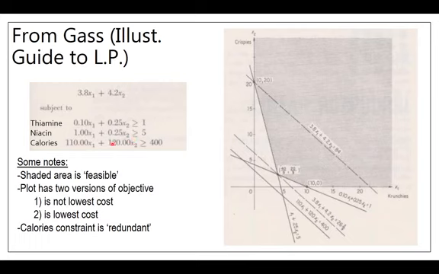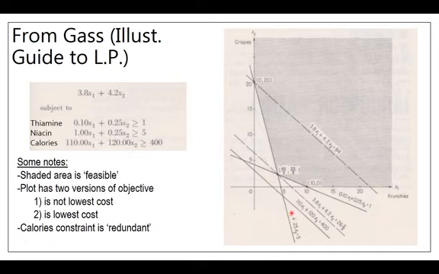And if you move on down and get to the calories constraint, you have to be above this line. This is the calories constraint drawn right here. Well, the other four constraints, the two thiamine and niacin constraints and the non-negativity constraints, have already taken care of that part for us. The feasible space is defined up in this shaded area.